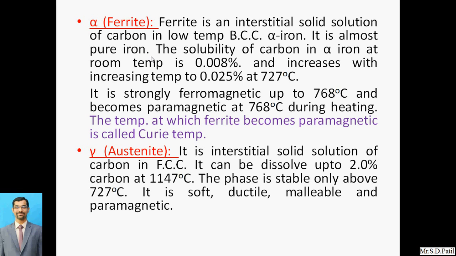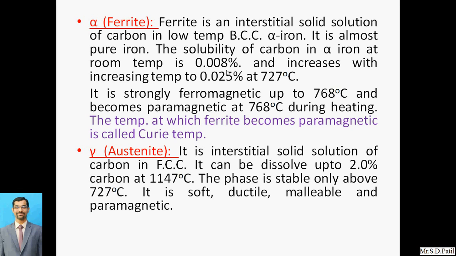The solubility of carbon in alpha iron at room temperature is 0.008% and increases with increasing temperature up to 0.025% at 723 degrees.